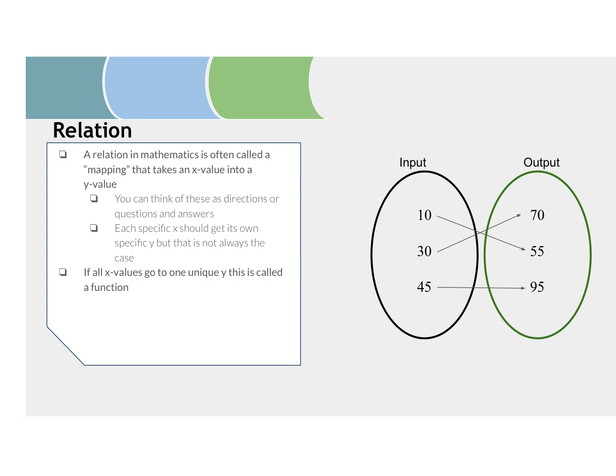So we could think of it as a relationship as what I like to call the mapping that takes us from an X value, aka an input or a domain, into a Y value, also known as an output or a range, okay? Now there are rules to what is defined as a relationship and what is a function, but a relationship is literally just any mapping that takes an X to a Y.